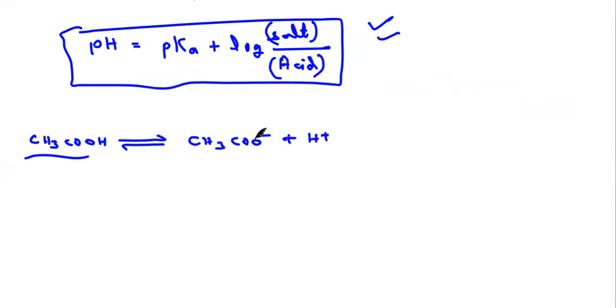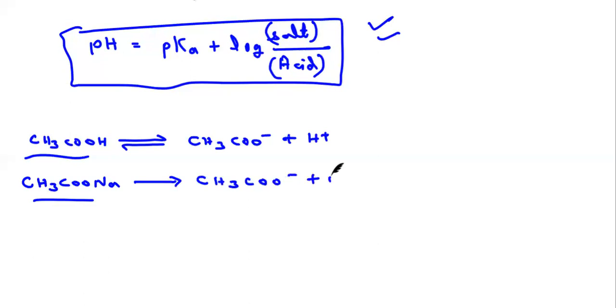Okay. And now you also take a salt which is made up of a weak acid and a strong base, CH3COONa. But that salt is not in equilibrium, so it is giving a direct result. So now you have CH3COO minus and you have Na plus.